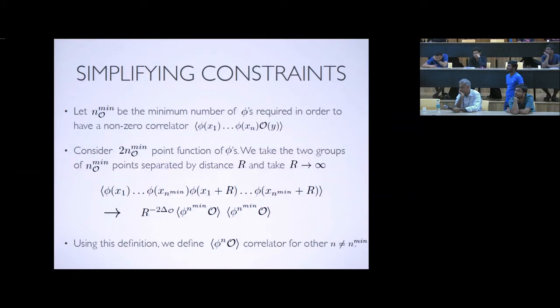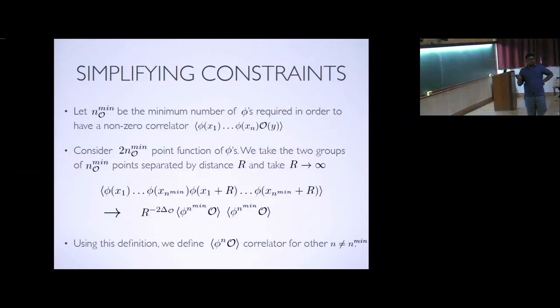I mean, actually, technically speaking, it is not, because you can track down the primary that is contributing to that descendant and take into account all of its descendants by hand, and in principle, one can just remove that contribution. It would be hard to do in practice because one is working with high point functions, but at the 4-point function level, we certainly can do it, and we usually do it.